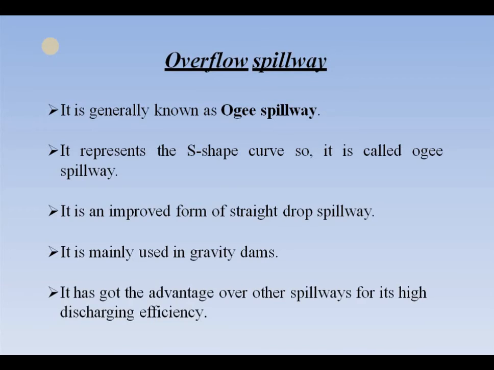It is mainly used in gravity dams and it has the advantage over other spillways of a high discharging efficiency, right? The profile of the spillway is such that overflowing water is guided smoothly over the crest and the profile of the spillway so that the overflow water does not break contact with the spillway surface.